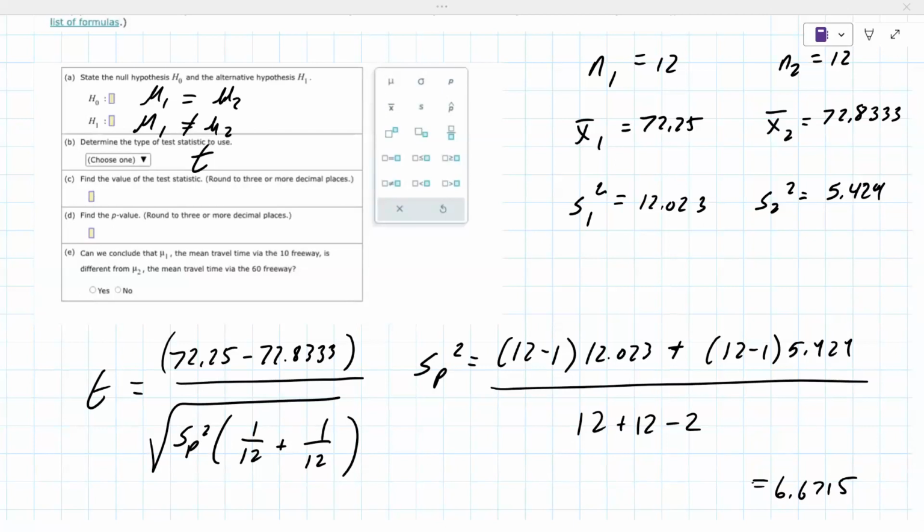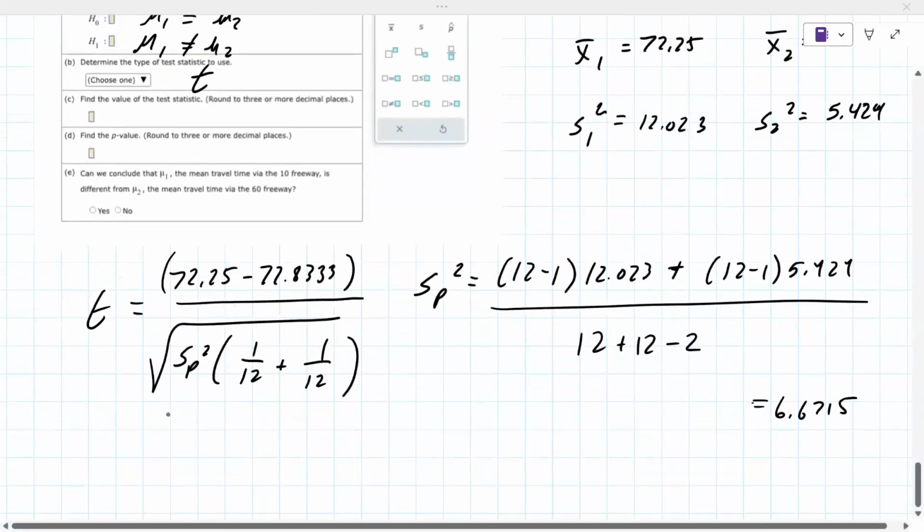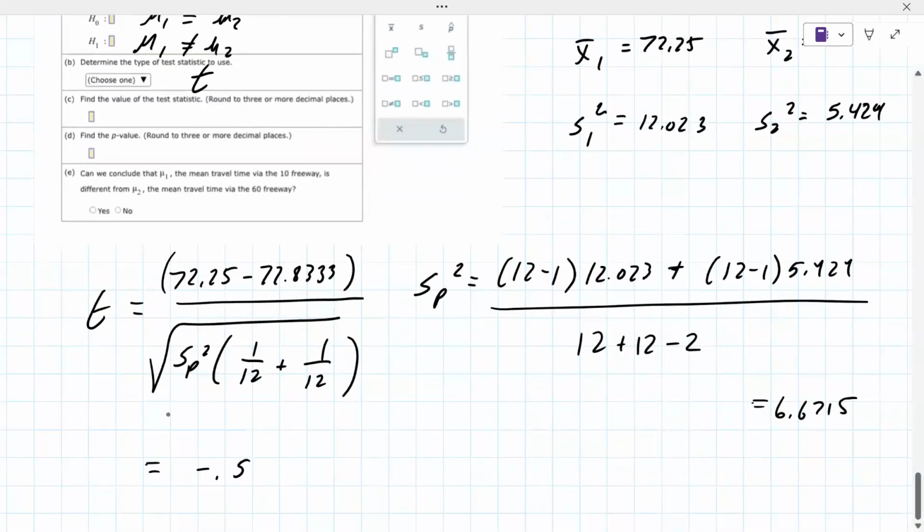Oh, I used the wrong numbers. All right, so the answer here is t equals minus 0.5532.